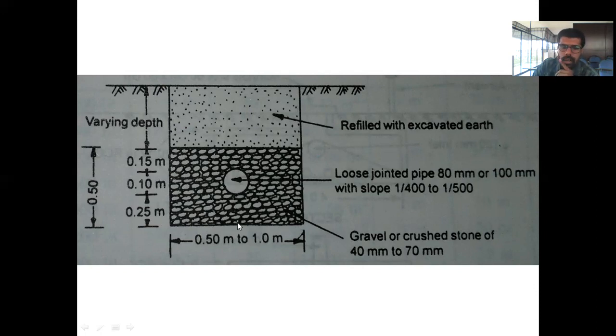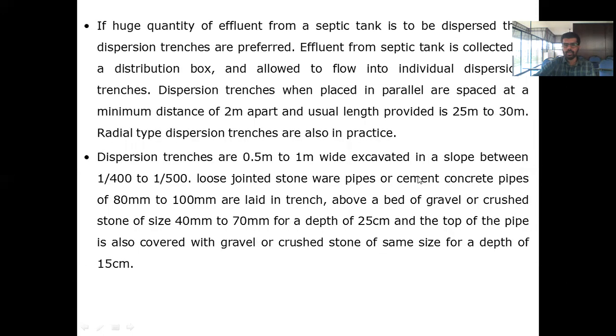So 0.5 plus 2 plus another 0.5 meter. So 0.5 plus 2 is 2.5, plus 0.5 is 3 meter. So the center to center distance between the two trenches is 2 plus half plus half, that is 2 plus 1, 3. I think you understood how you got that.